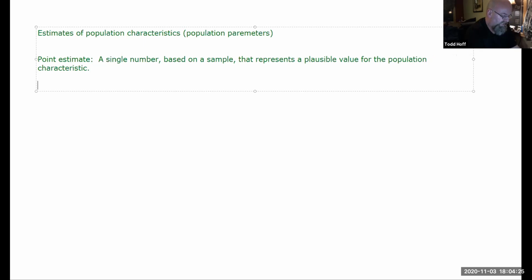So let's say that the school wants an estimate of the average amount students spend each semester on textbooks. So they are going to take a simple random sample of 300 students, which gives a mean of $582 spent on textbooks.